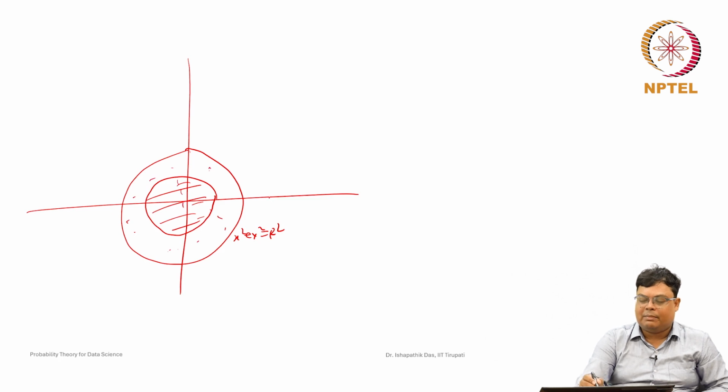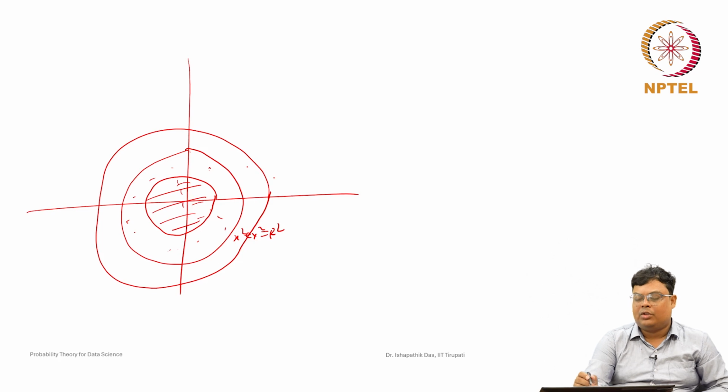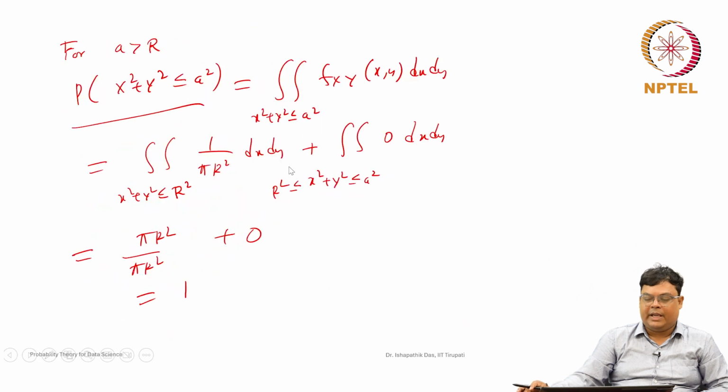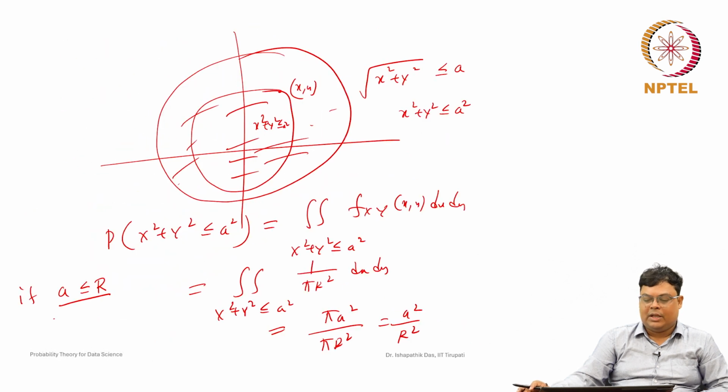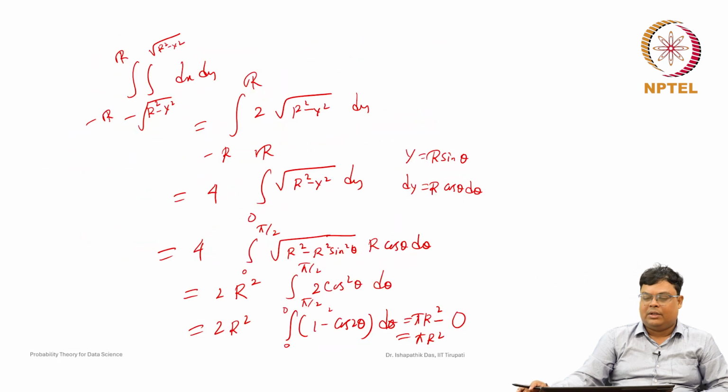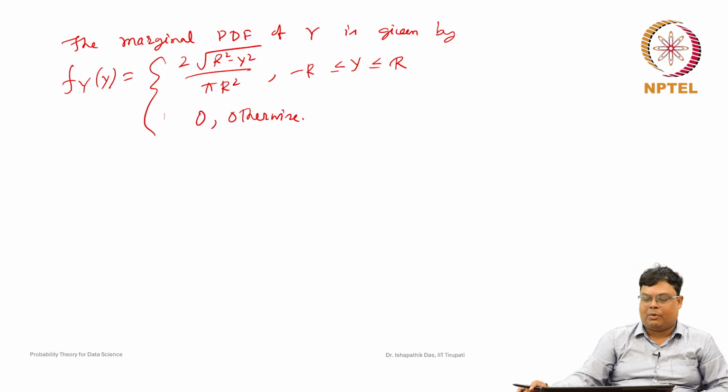But if a is bigger than r, then the density will be 0 outside this region, so the integration will be pi r square by pi r square plus 0, which is 1. That is why, whenever a is greater than r, the probability is 1, and if a is less than or equal to r, it is a square by r square. So, this is the solution of this problem.